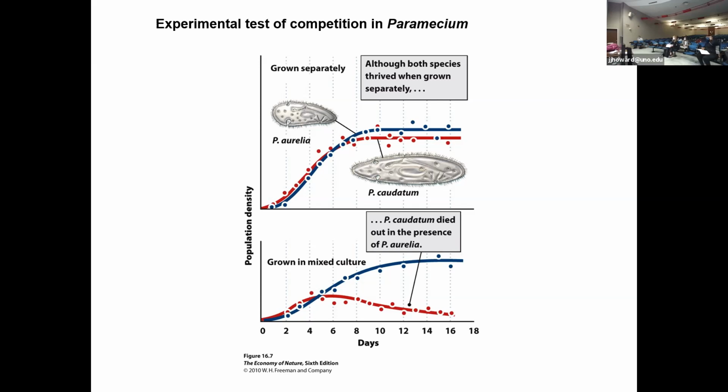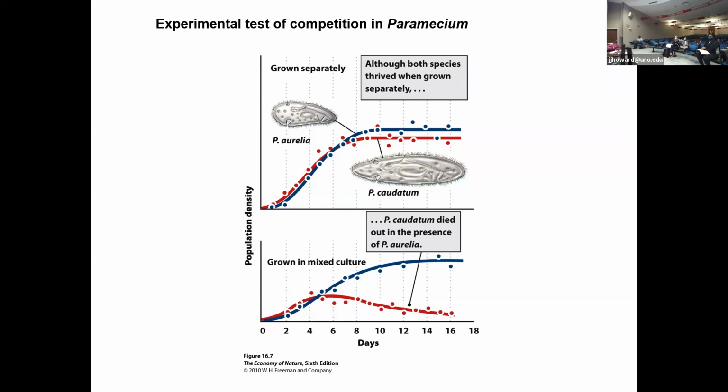And when you grow them separately, Aurelia here is in the blue and Caudatum is in the red. They both reach their carrying capacities under these very similar situations. So when only competition among members of each species is going on, they reach their carrying capacities.